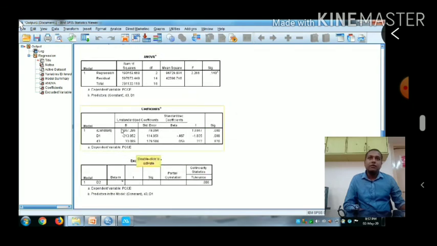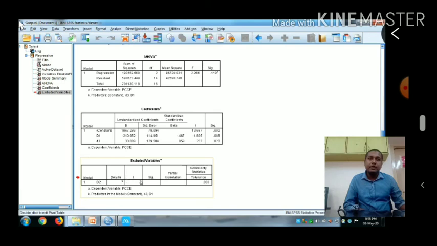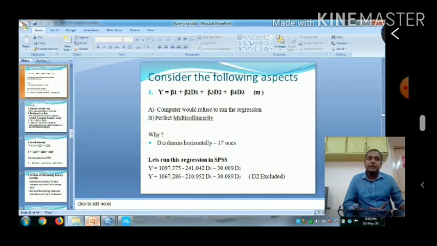So we got the result. Now we have 1067 as a constant, dummy variable 1 we have minus 210, dummy variable 3 we have 30, and we can see the excluded variable is d2. So that's what I said: when you run the regression function, one dummy variable will be excluded. Let us go back and see.